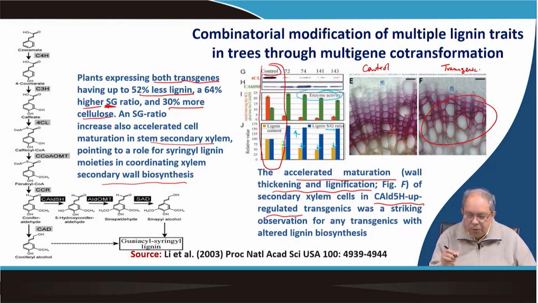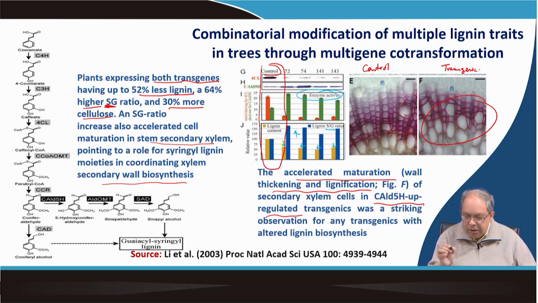When there is suppression, the activity of 4Cl is less as denoted by the red bars, and the activity of CLD5H is enhanced as a result of overexpression.